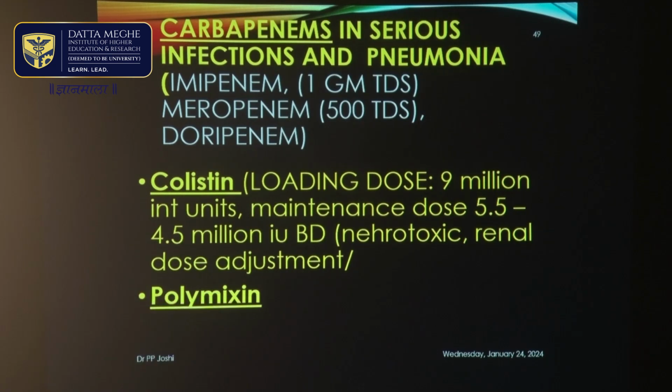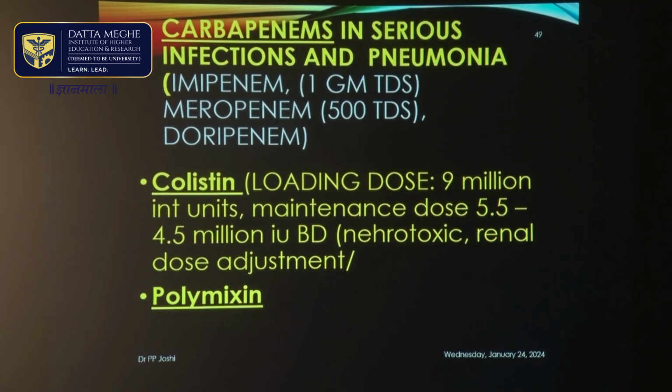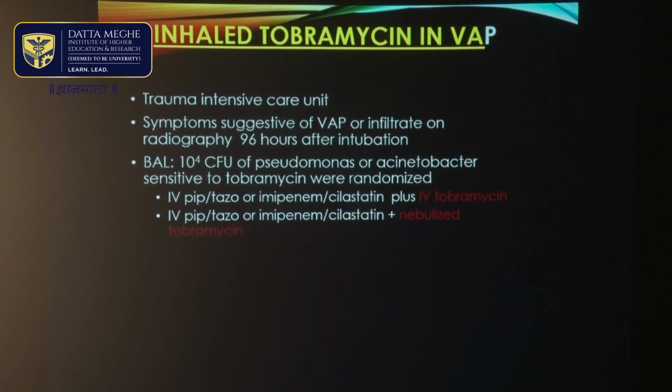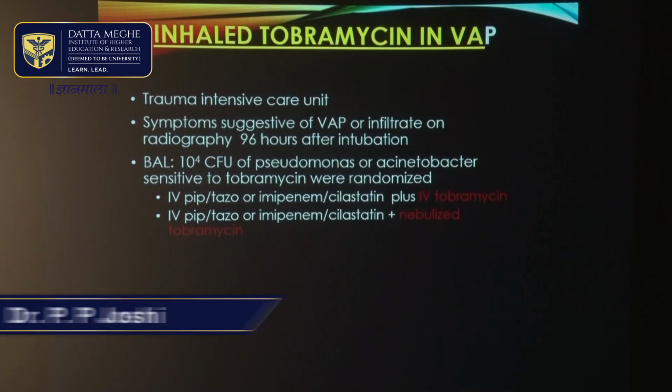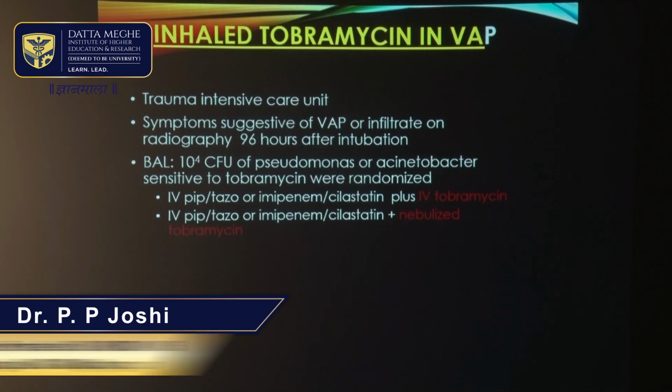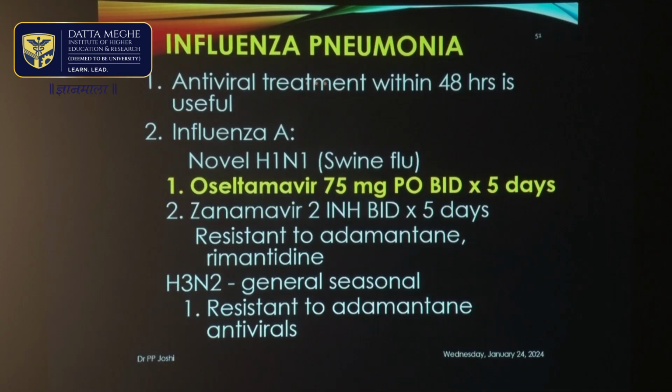Again, we have to send all cultures for culture and sensitivity, which would actually dictate which antibiotics have to be started. There is another newer drug, inhaled tobramycin, which is particularly useful in ventilator associated pneumonia, either in nebulized or inhaled form. Tobramycin can be tried in ventilator associated pneumonias.